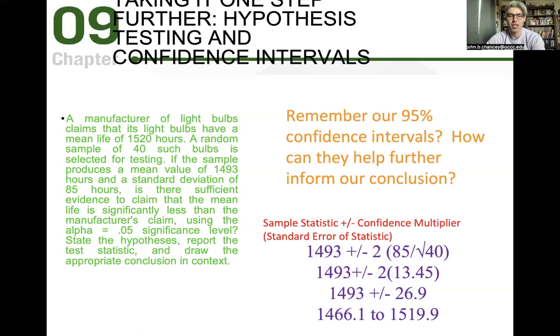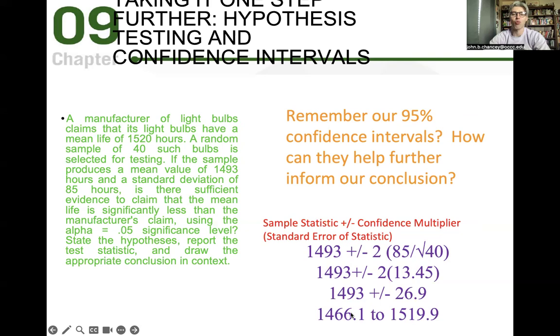Now we're using 2 because we're talking about an interval, so it's going to be on both sides of the number 1493. So 1493 plus or minus 2 times 13.45, which is 1493 plus or minus 26.9.